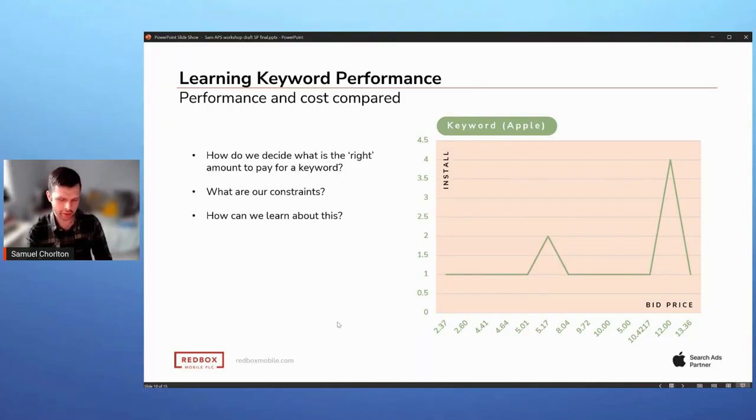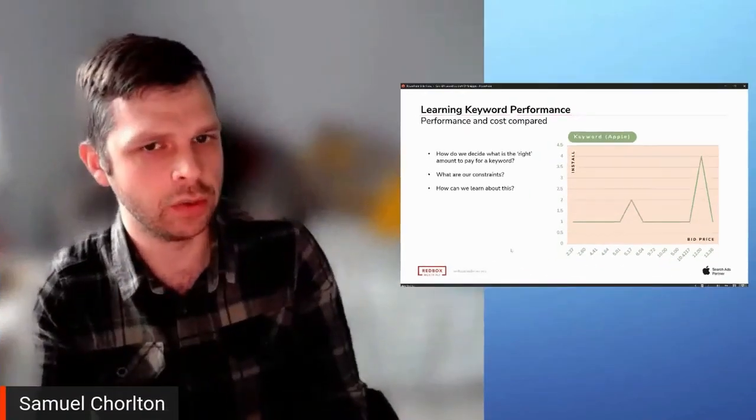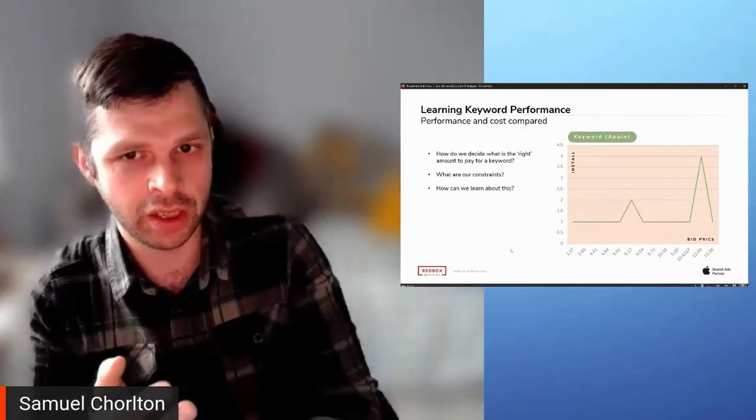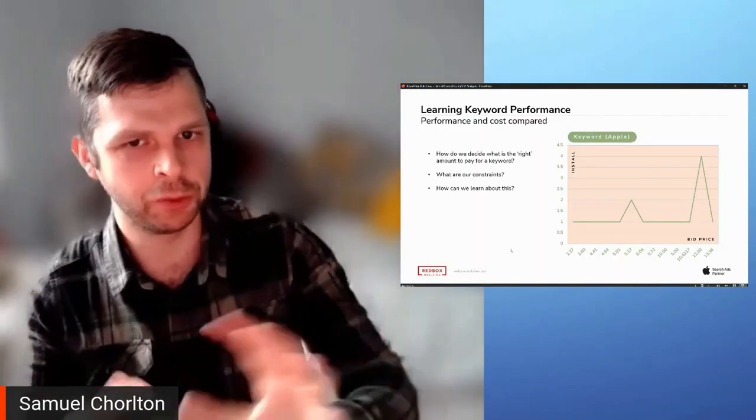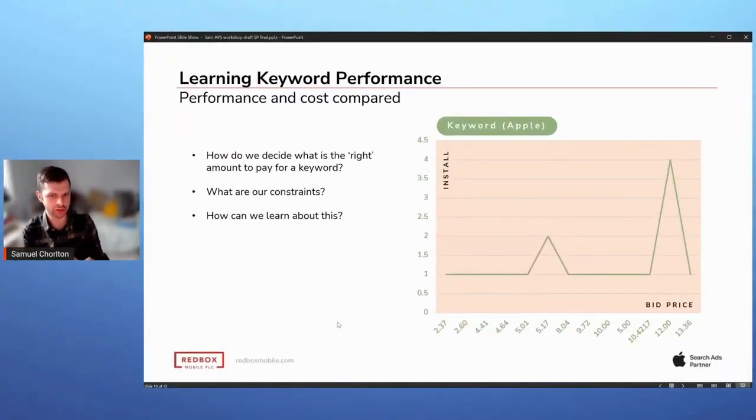We need to work out what our constraints are. And when we talk about constraints, this can be quite basic: how much do we want to pay per install? How much is our budget? How quickly do we want to spend that budget? We've got to draw up our set of constraints or rules, depending on how you want to define them. And then we've got to work out how do we learn this.